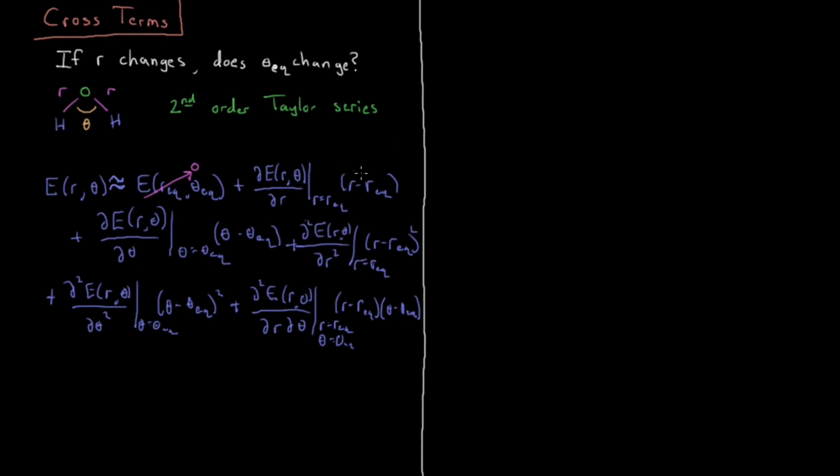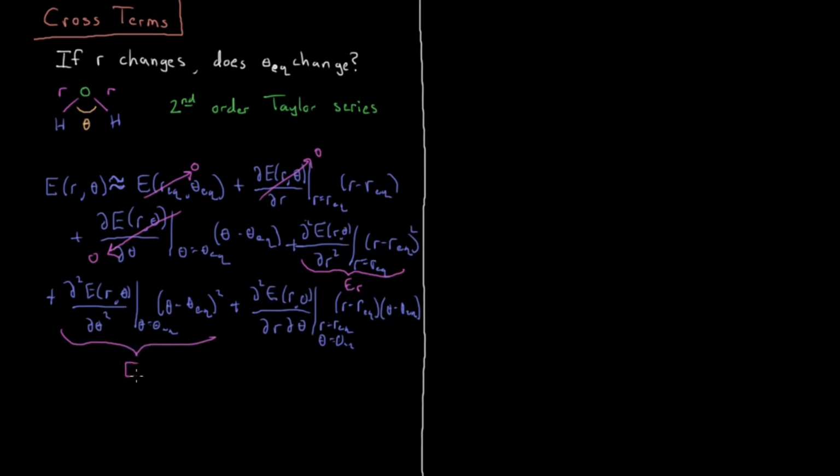That partial derivative is 0 because the tangent line is flat. And that makes this term 0. Same thing for theta. The tangent line of the energy with respect to theta at theta equals theta equilibrium is 0.